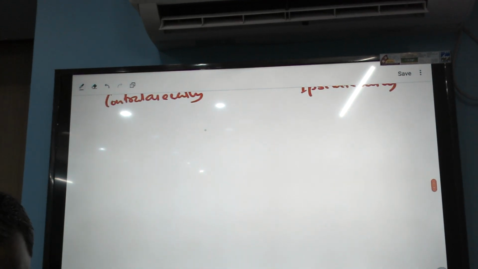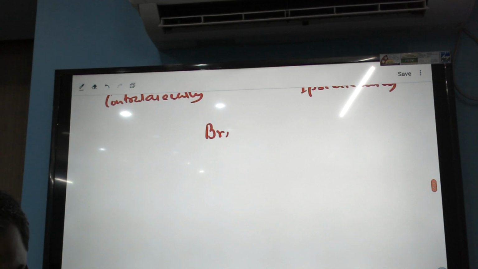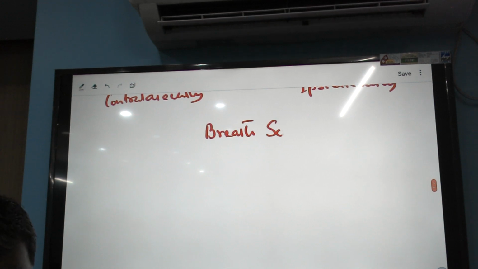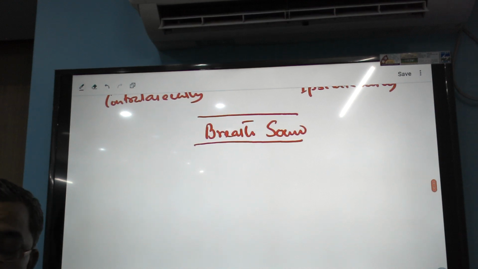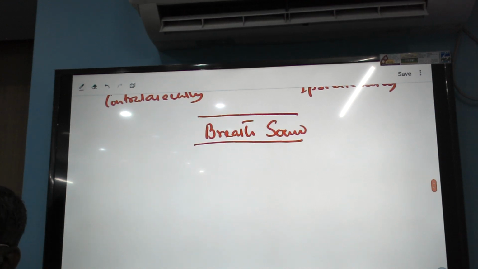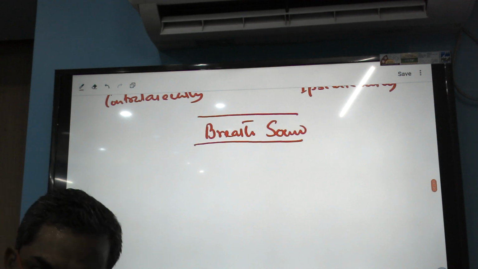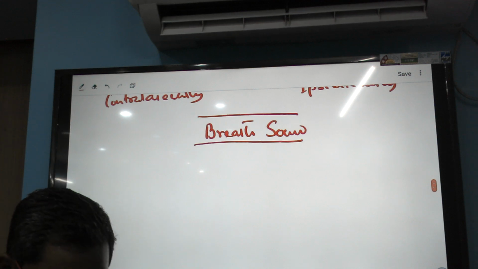Next we come to the main thing, that is auscultation এ breath sound. Now breath sound ভালো করে বুঝতে গেলে একটু বুঝতে হয় breath sound এর genesisটা, be it normal breath sound, be it abnormal breath sound.